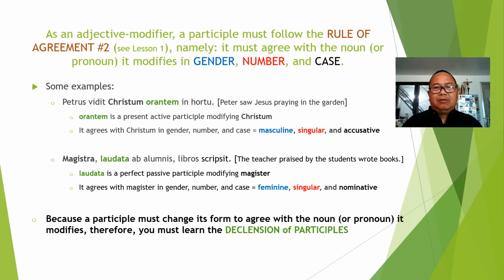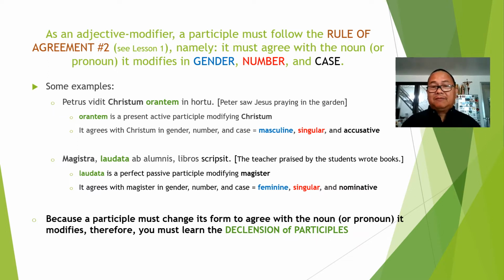Okay, so as we have said, participle is generally a modifier. So as an adjective modifier, the participle must follow the rule of agreement, number 2, which we already studied in the first lesson of this course. There we studied several rules of agreement, and number 2 is the agreement between the adjective and the word it modifies, either a noun or a pronoun.